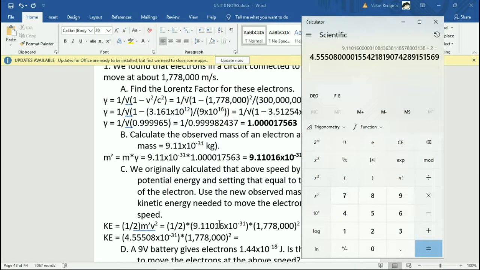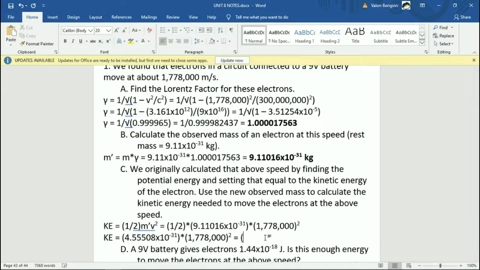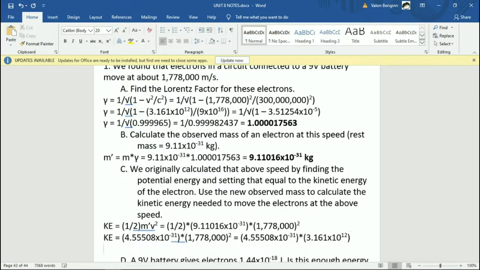Then we multiply this by that speed squared, 1,778,123 squared, which is 3.161 times 10 to the 12, not 21. Okay, all right, so then what do we get?